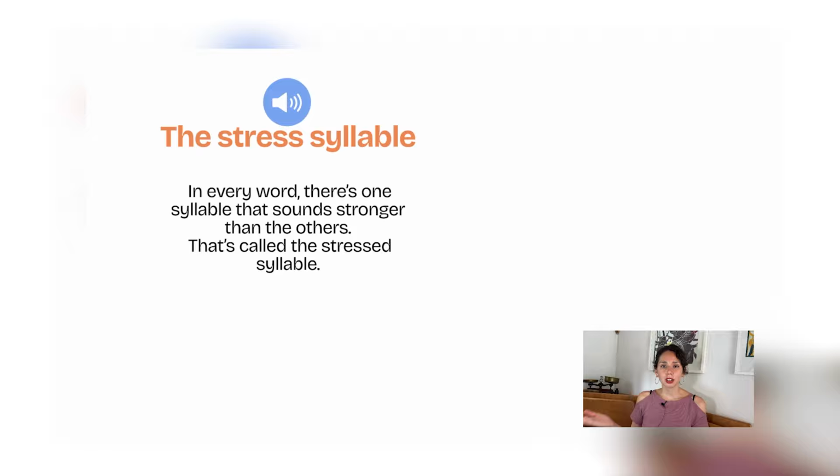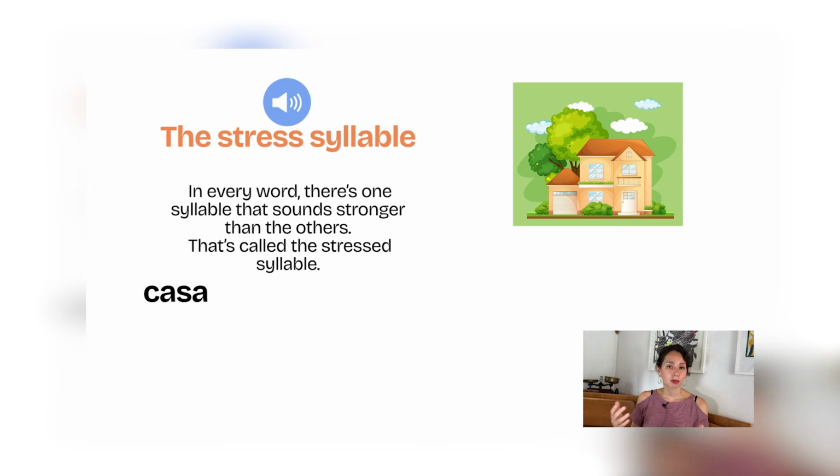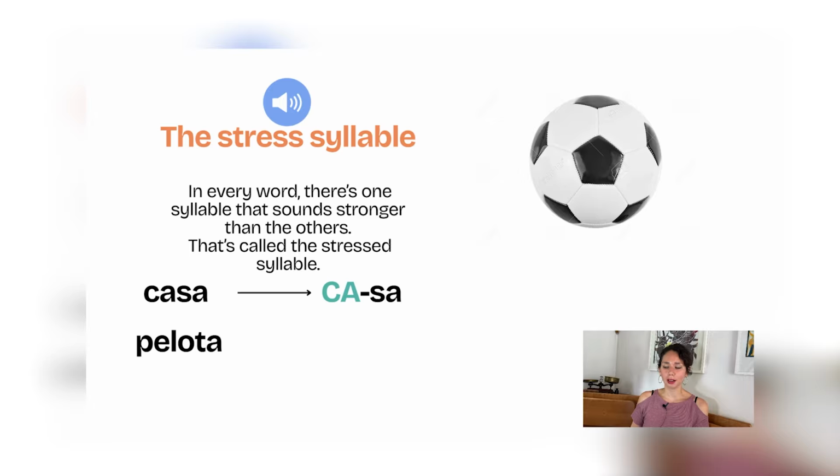The stressed syllable. This is very important. In every word, there's one syllable that sounds stronger than the others. That's called the stressed syllable. For example, casa. Casa. Did you notice the difference? Ka is stressed. Casa. Pelota.